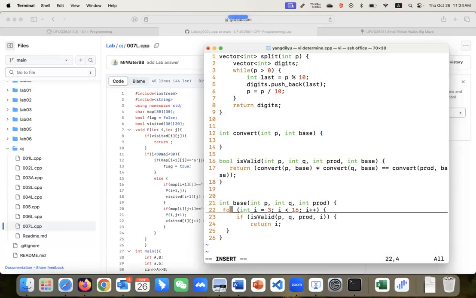When you loop i equal to 3 or 4 or 5, you can decide what should be the start position for i. If there's a 7 in P, it means you could start with 8, right? From 8 until, for example, 16, and so on. But it's just a minor change in your code. Any more questions?